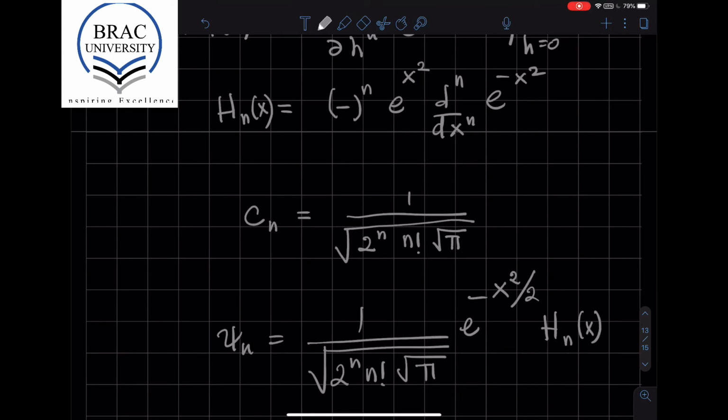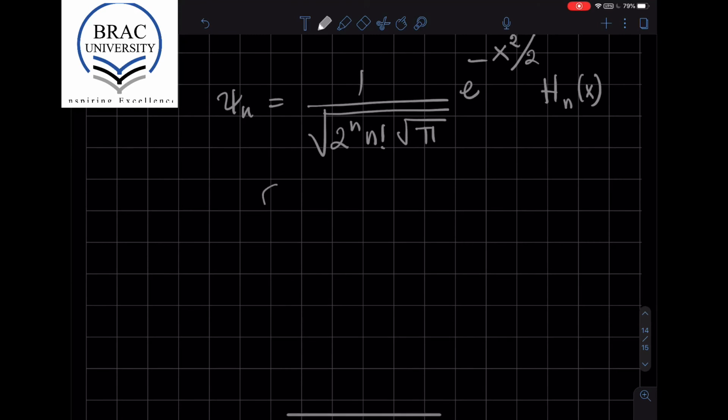So these wave functions satisfy the orthonormalization condition: the integral of psi star m psi n dx, from minus infinity to plus infinity, is given by the Kronecker delta of mn.